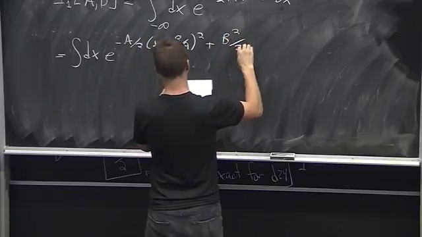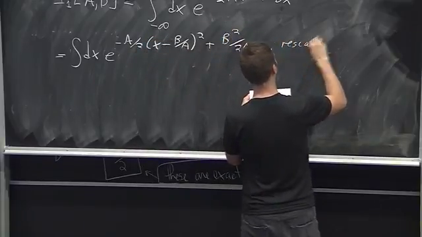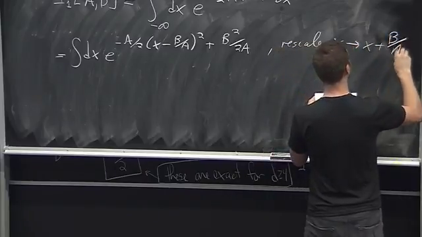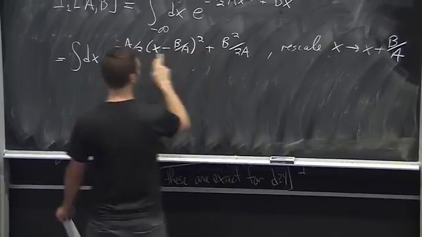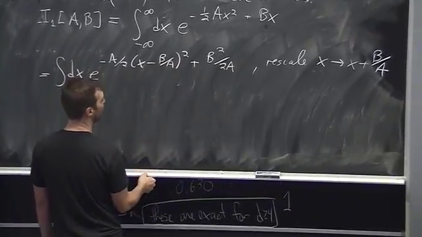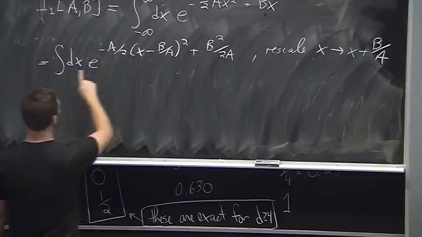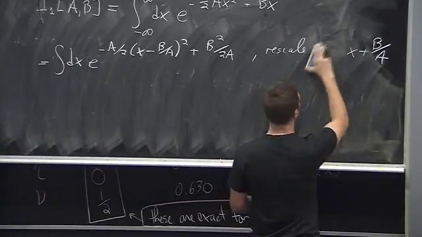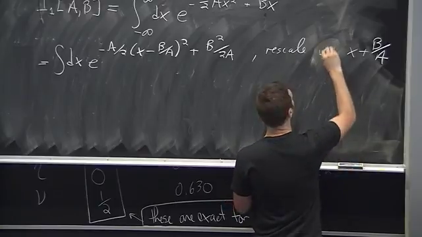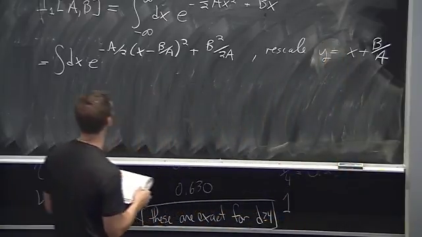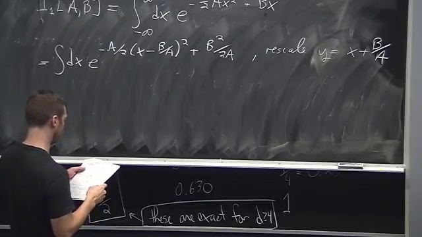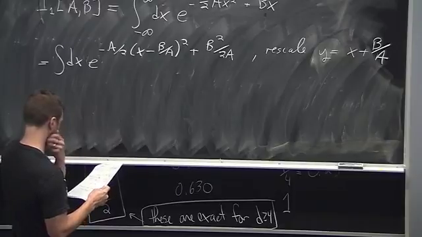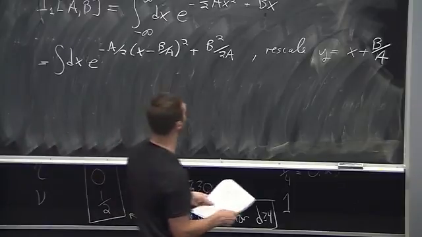Complete the squares and rescale: x plus b over a, which is what occurs here. You can call that y and then change this to dy. Plus or minus, what do I want? I think I want minus.